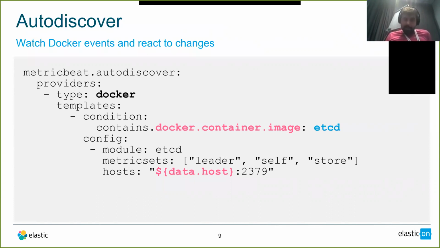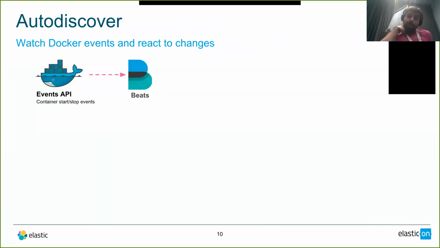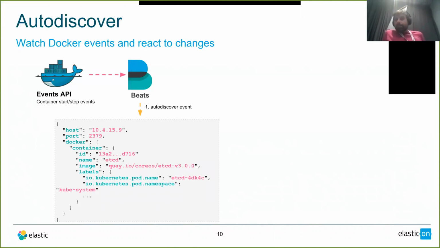I think I have a slide explaining how it works. Yes. Basically, Beats is watching the events API on Docker. Every time that you launch a container, it creates an internal structure, which is an Autodiscover event with all the useful information you may want from this container. So you get the host, which is the IP address of the container, the port, if it has some open port, and also metadata from Docker, like the container ID, the name, the image that it's running, or labels.